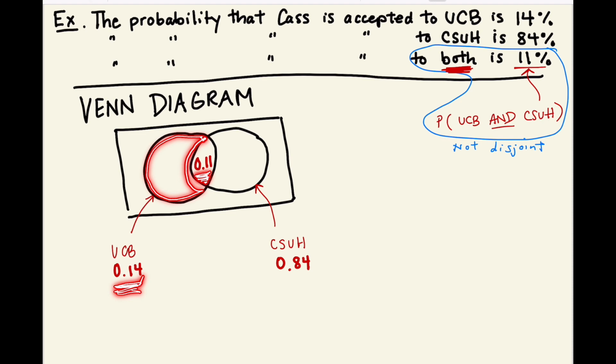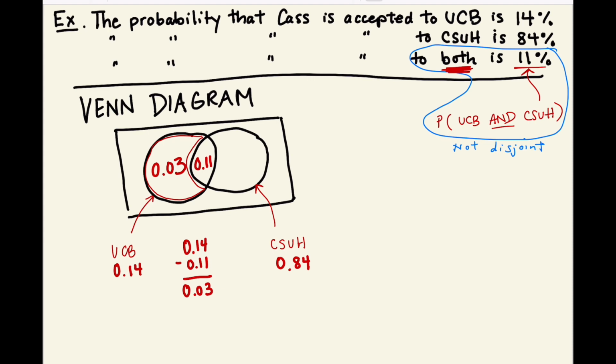In order to figure out this area, all I have to do is subtract. So I have 0.14 minus 0.11, and that is just 0.03. And that gives me this region right here, which is basically UC Berkeley, but not Cal State Hayward.